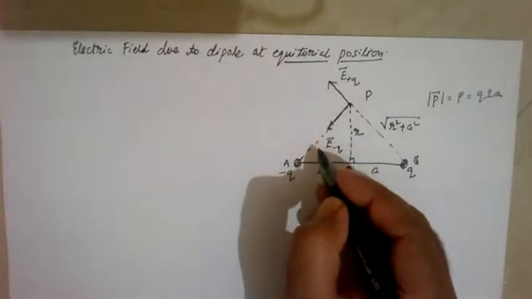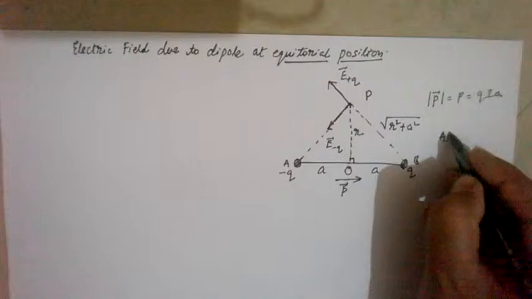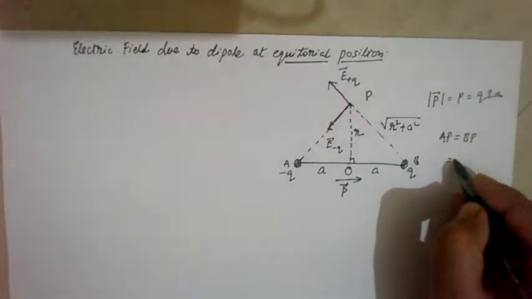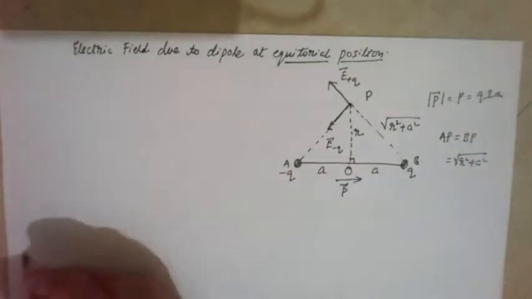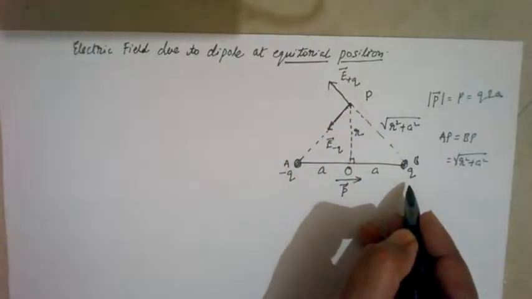The same is the distance on this side, so AP is also equal to BP, equal to root of r square plus a square.